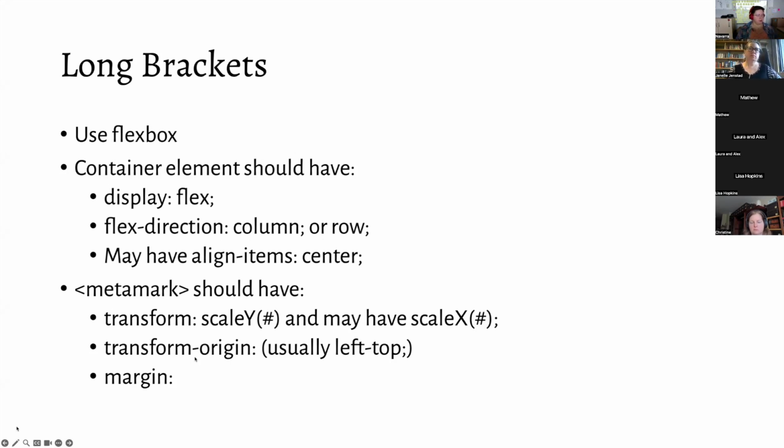The metamark, that is the element around your actual bracket itself, should have transform of scaleY. You might also have scaleX. And then inside of the brackets, you'll put in your number. The one we looked at had 15 and 3, but depending on the size of your bracket, you'll need different scales. So try those out, experiment a little bit, and have fun.